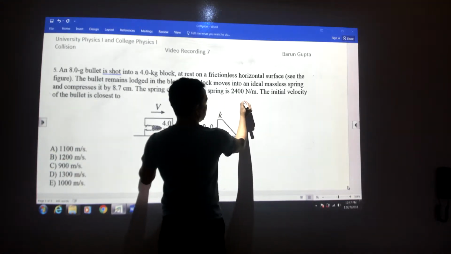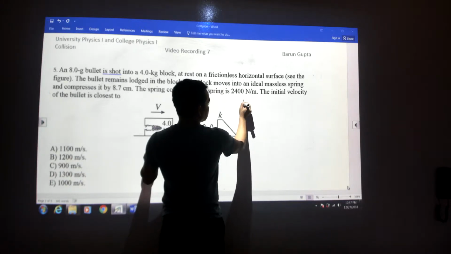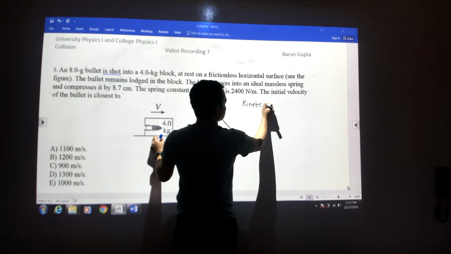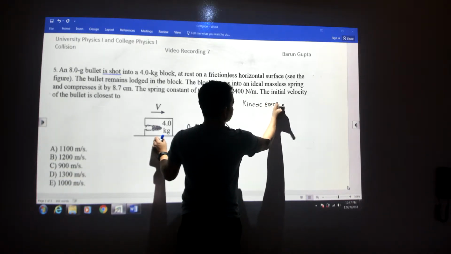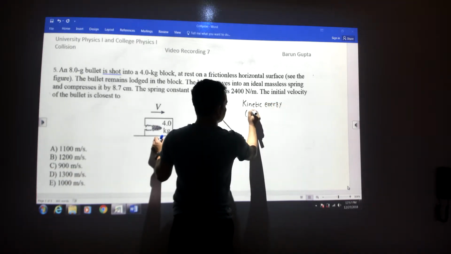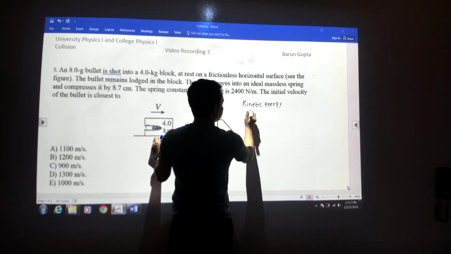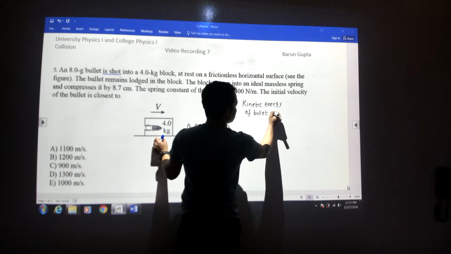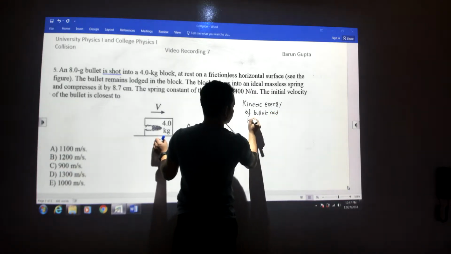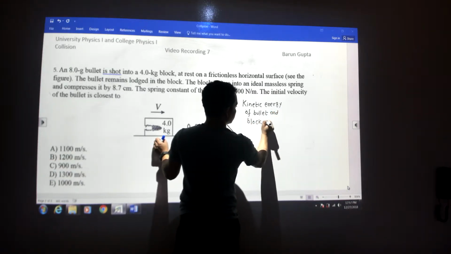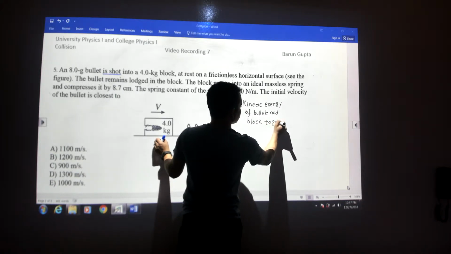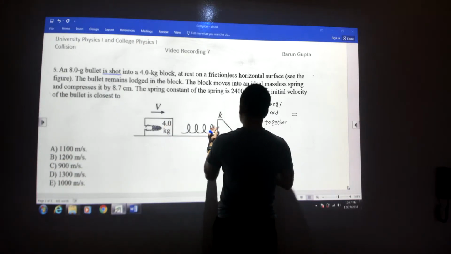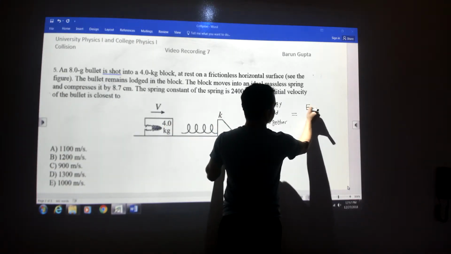So the kinetic energy of the bullet and block together is equal to the elastic potential energy.